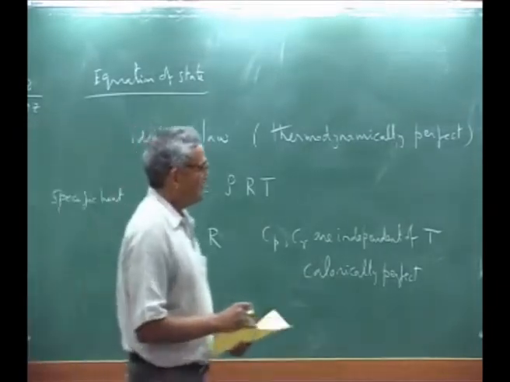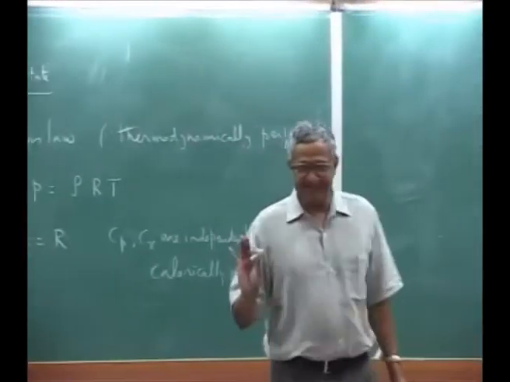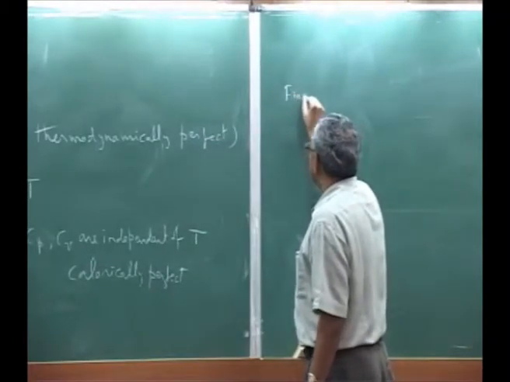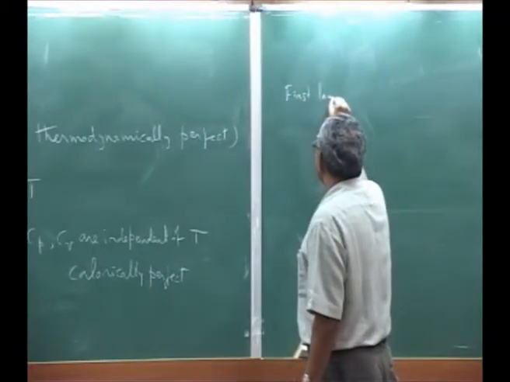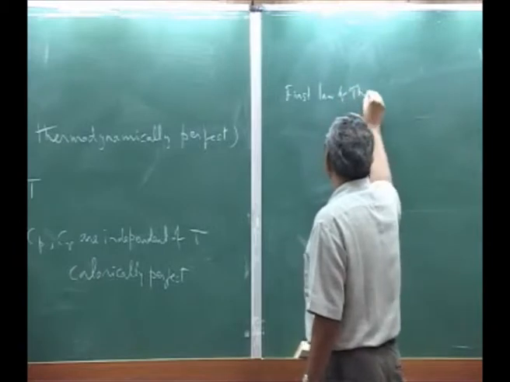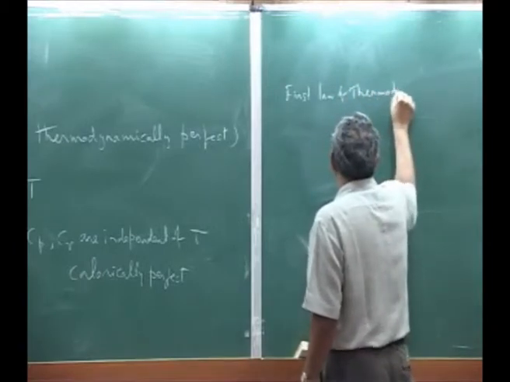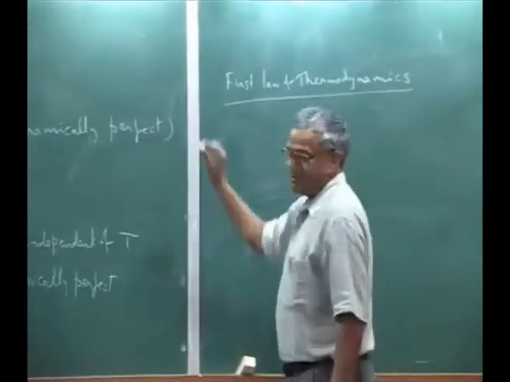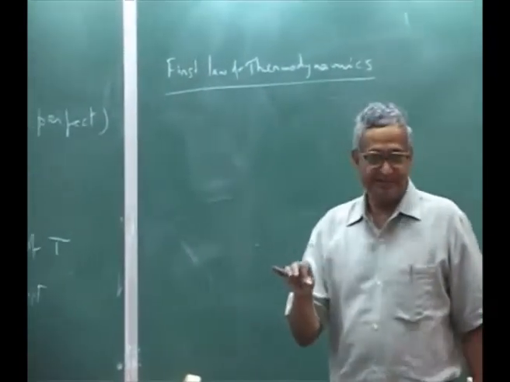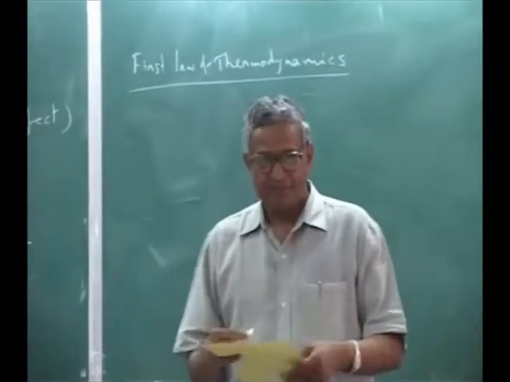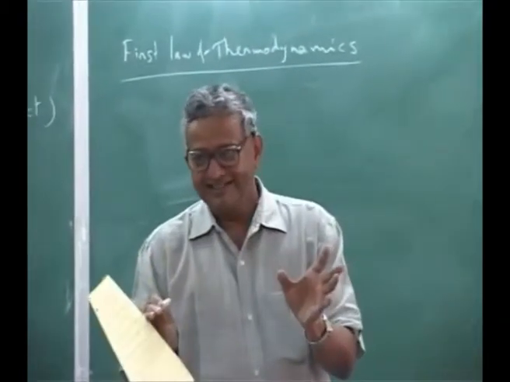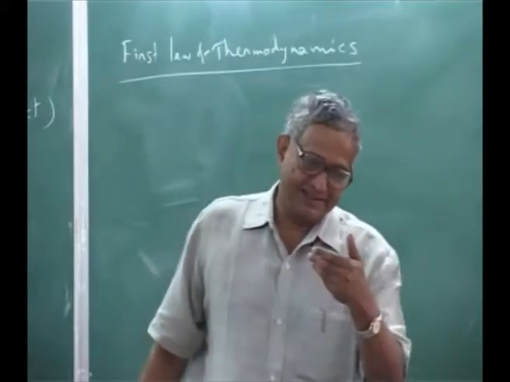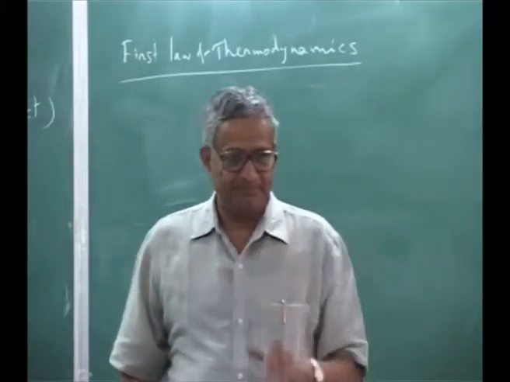I will not get into that. We will just describe it in very simple terms. The first law of thermodynamics: if you add heat, the heat goes towards doing some work and some part goes towards increasing the internal energy of the system.